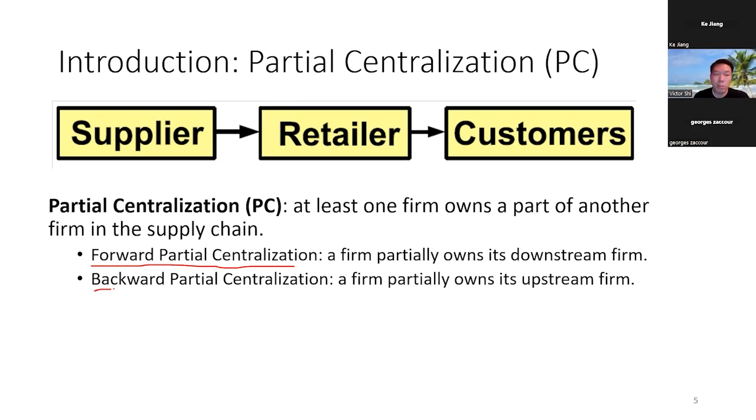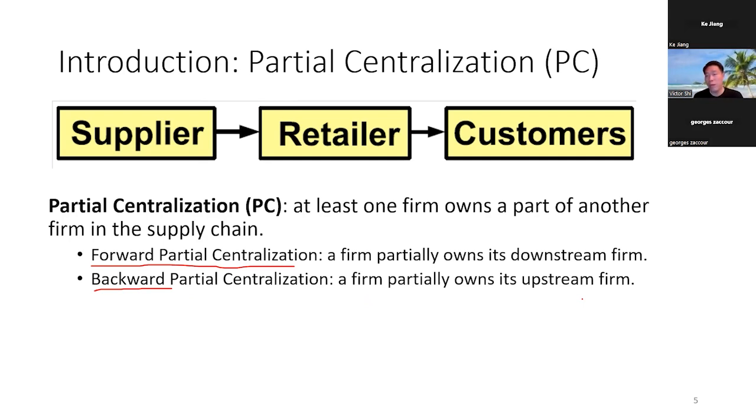But there's another possibility, which is backward partial centralization. So if the retailer, say, owns 15% of the supplier, then we can call this backward partial centralization, okay? So when we have backward partial centralization, it means that a firm partially owns its upstream firm, right?